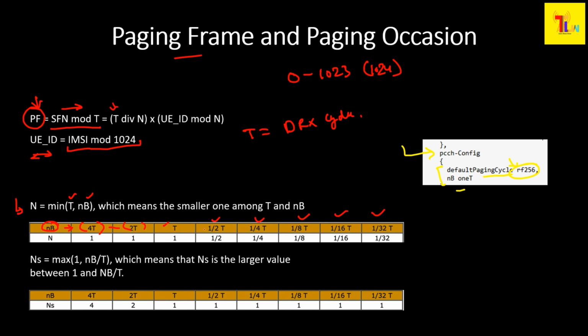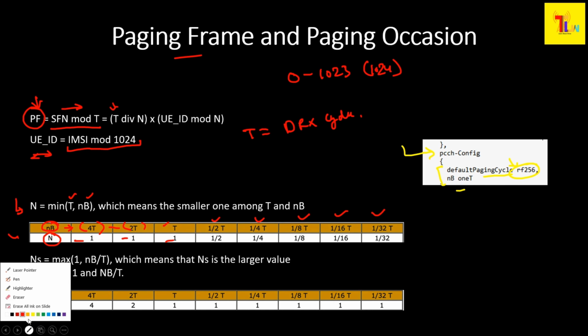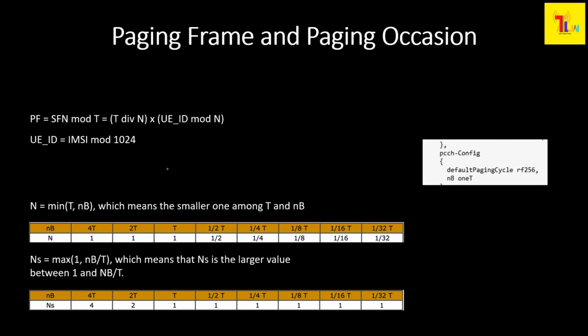This is defined by 3GPP. T is your DRX cycle, and based on that your N value will be defined, like 1, 1, 1, 1/2. Based on this table we calculate. Suppose, in a very simple manner, in any calculation your nB is T, then your N will be 1.